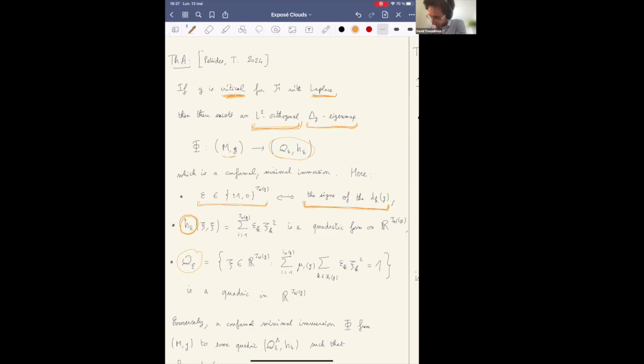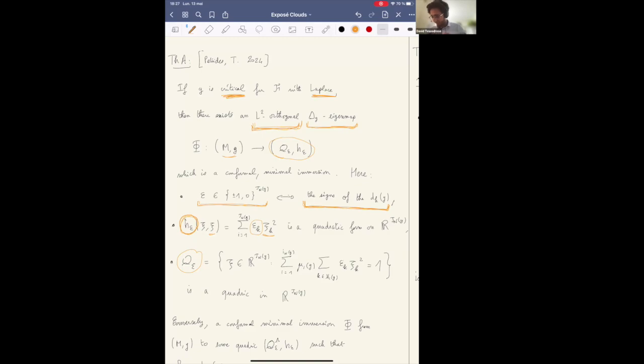For a given vector c, you take the sum of epsilon k c k squared. So it's a possibly non-definite quadratic form, it may not be positive definite or negative definite.